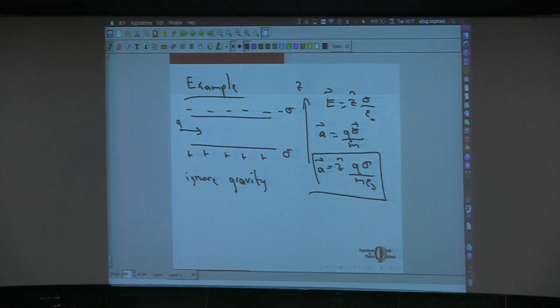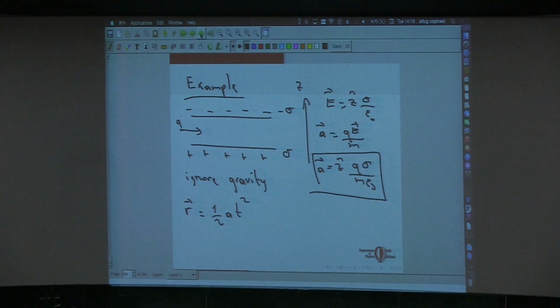And we have already studied in the first semester how such a particle moves. The position as a function of time will be just 1 over 2 AT squared. And depending on whether it's positively charged or negatively charged, it will either move up in a parabola or move down through a parabola.